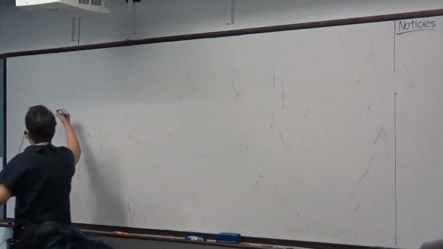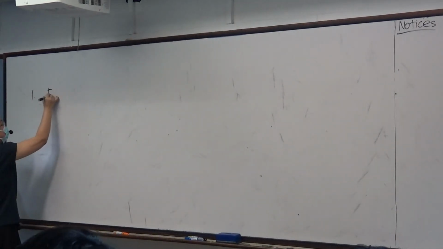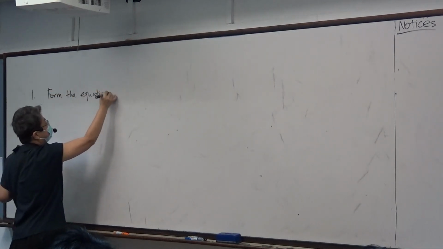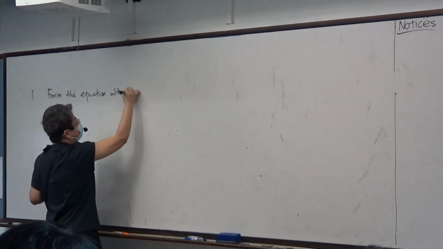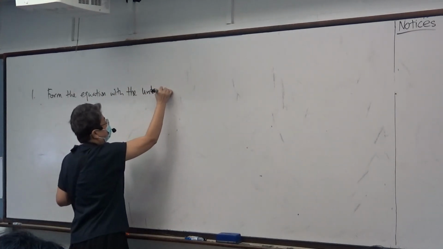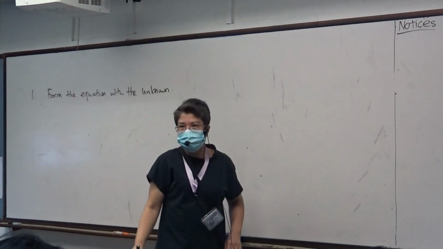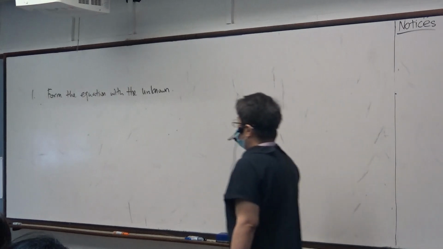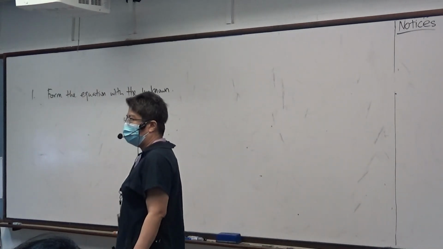Now, there are 3 steps to problem solving. Write this in your notebook. Number 1. Form the equation with the unknown. Okay? Form the equation with the unknown.